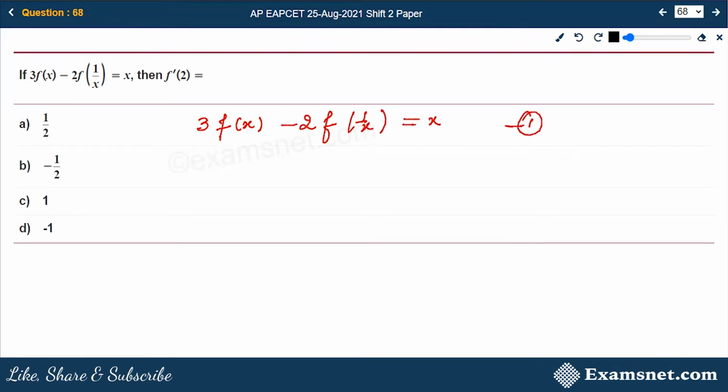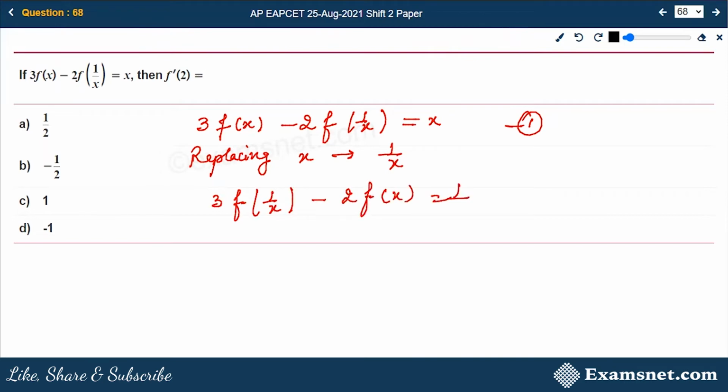Let this be number 1. Now I'll replace x with 1 by x. Replacing x with 1 by x, you will have 3f(1/x) minus 2f(x) equal to 1 by x. Let's name it number 2.